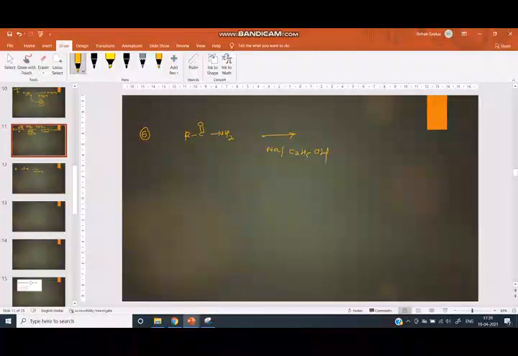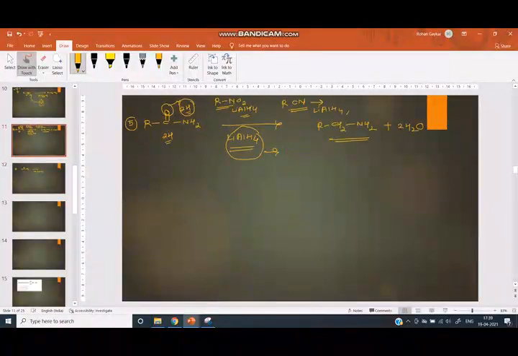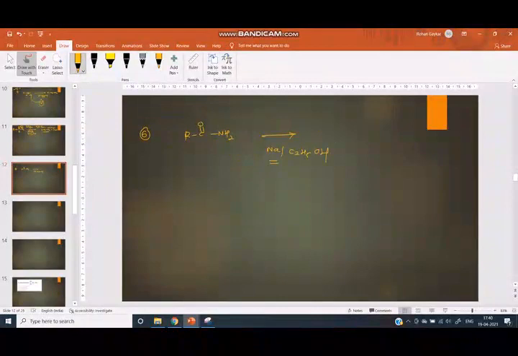The next method is again we use amide and we add sodium in C2H5OH and we get amine. Here we use sodium in presence of C2H5OH.